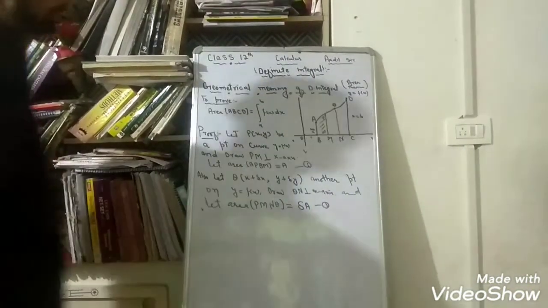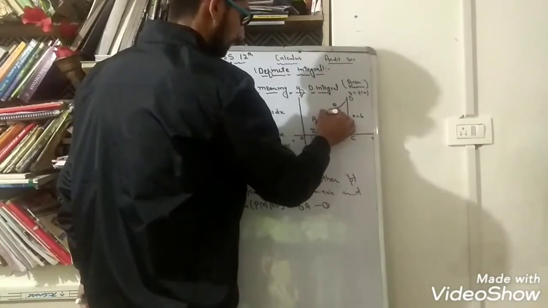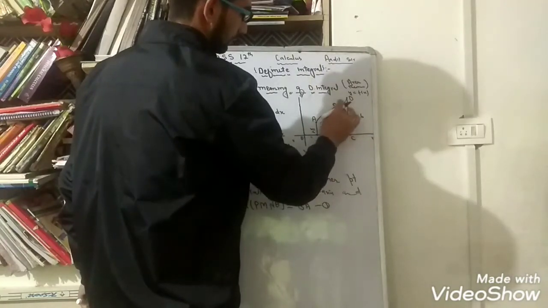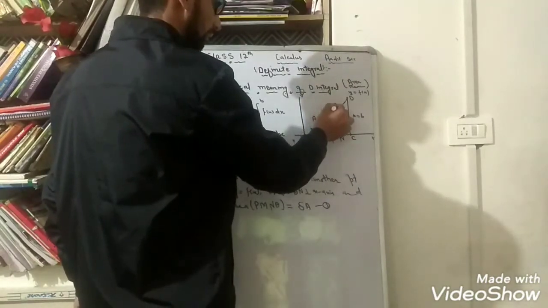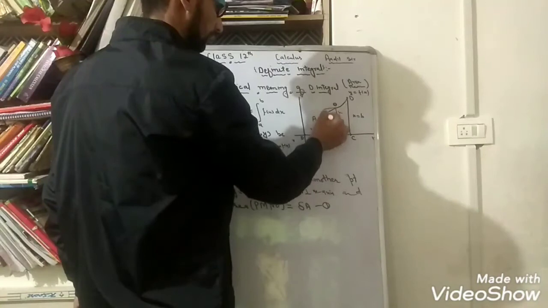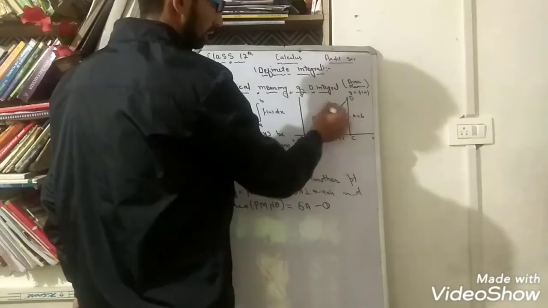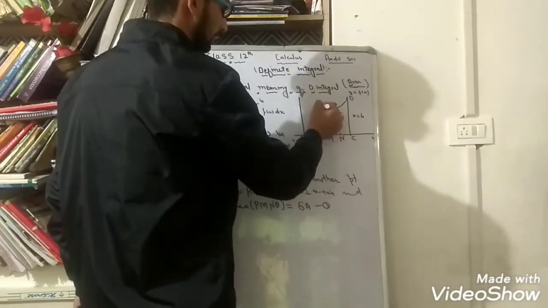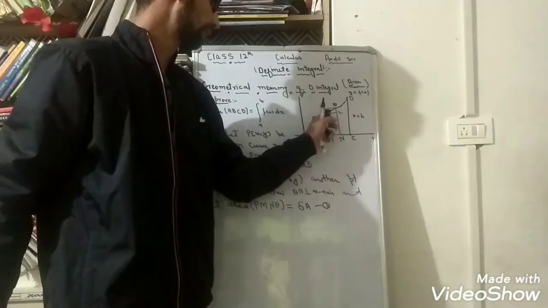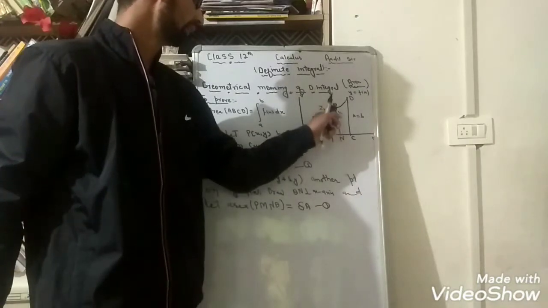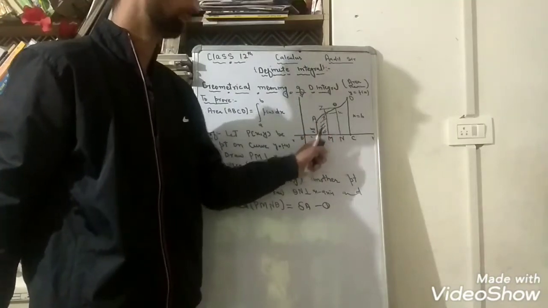Now further, draw PK perpendicular to QN, and QZ perpendicular to the extended portion of PM. I will call this point K, and this one I will represent as Z. So I have drawn this PK perpendicular to QN, and this QZ I have drawn perpendicular to the extended portion of the line segment PM.